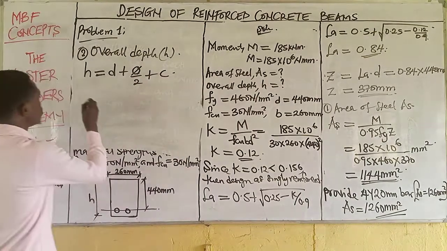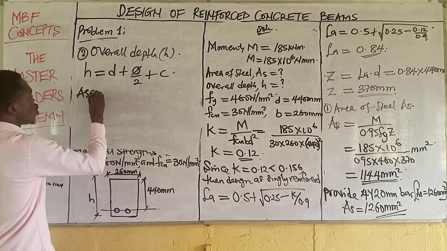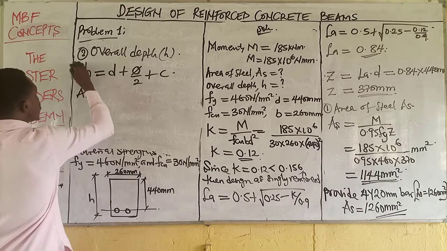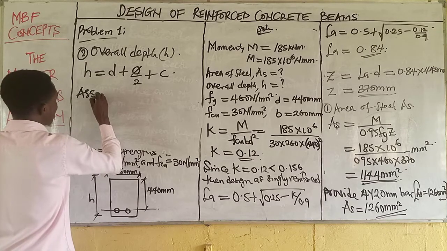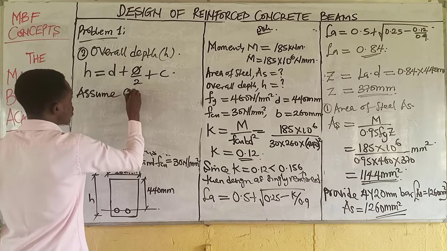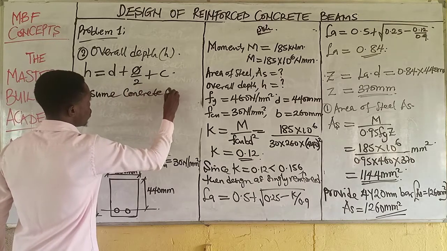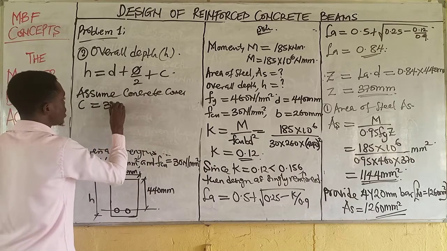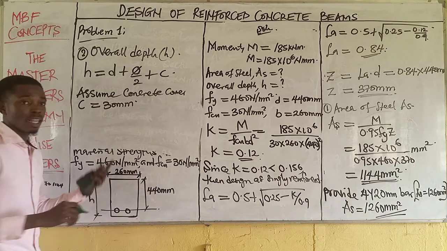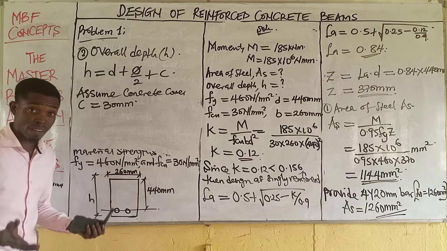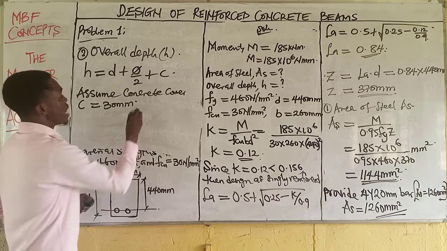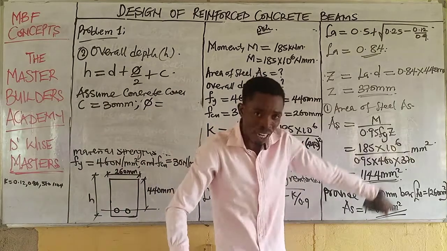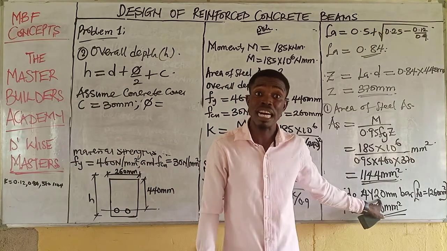So therefore, we assume that the concrete cover under severe condition, assume concrete cover C to be what? 30 millimeters. Okay, let's use 30 millimeters. You can use 25, like I said, 1 inch. Then we know that the bar, from what we calculated, we provided 4Y20. Don't forget that 20 is the bar size.